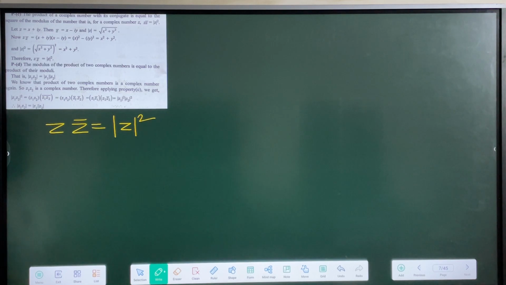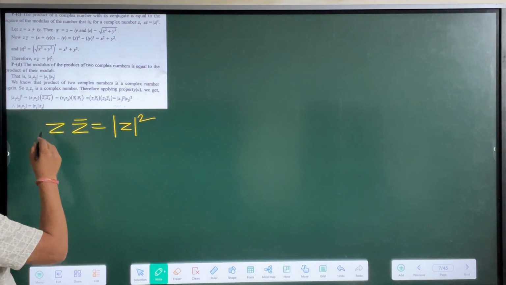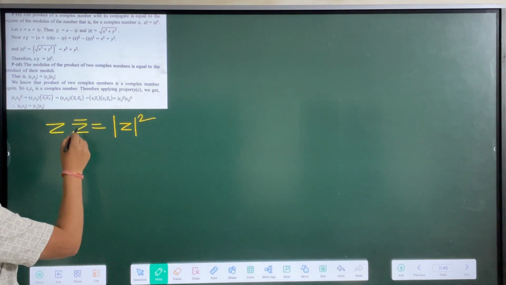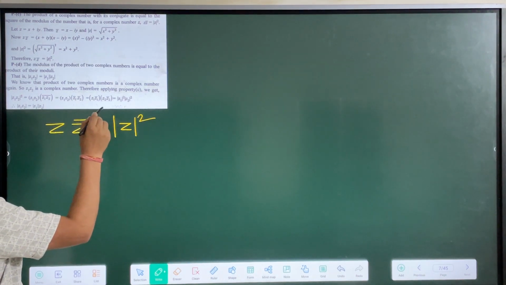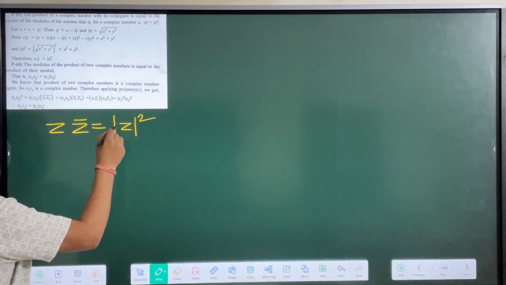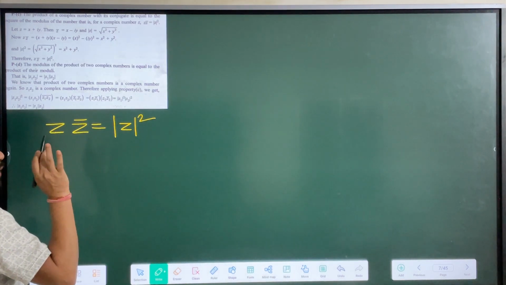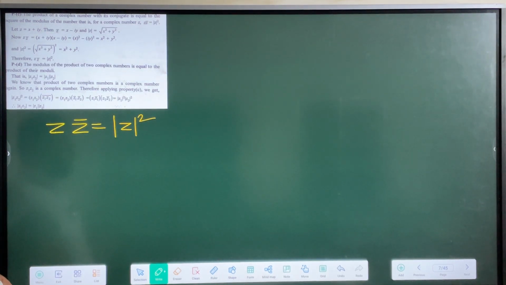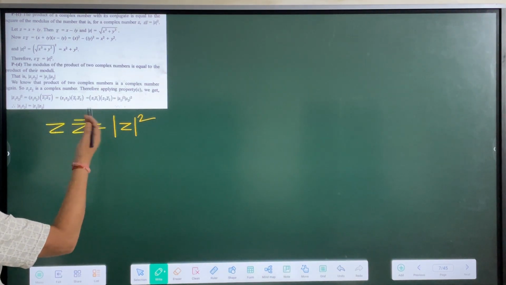In another way, a complex number into its conjugate is equal to the square of the modulus of the complex number. By looking at this, you can read it yourself. So this one can be proved.